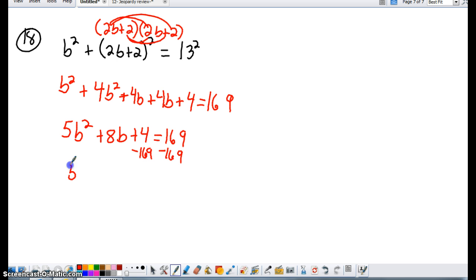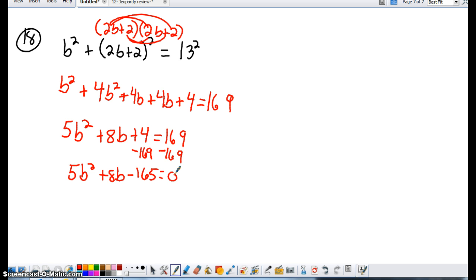So when I do so, I get 5b squared plus 8b minus 165 is equal to 0. So at this point now, remember, we're trying to solve for our answers here. We need to go through and find out which ones are going to come together to factor that 5b squared plus 8b minus 165.